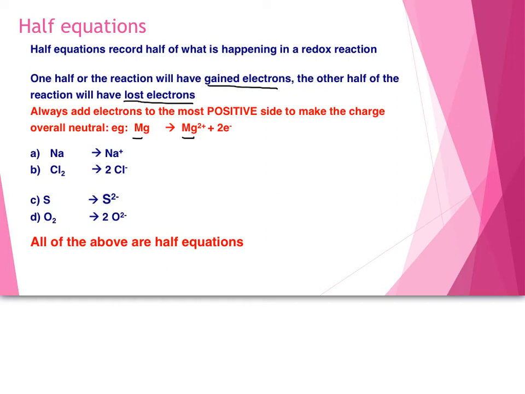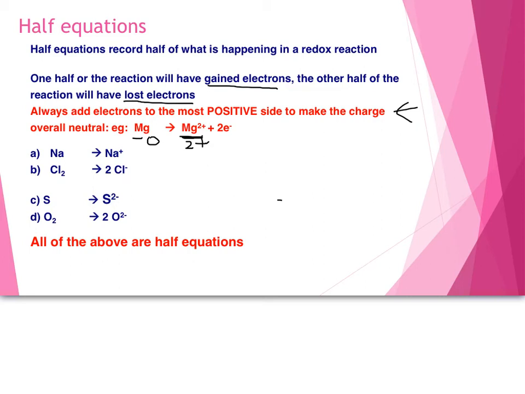Now, when you're writing these half equations, you can see, in terms of charge, there's a 2 plus charge on this side, and there is a 0 charge on the element side. When magnesium's an atom, it's got 0 charge. When it's an ion, it's got 2 positive charge. So now we're going to add electrons to the most positive side.